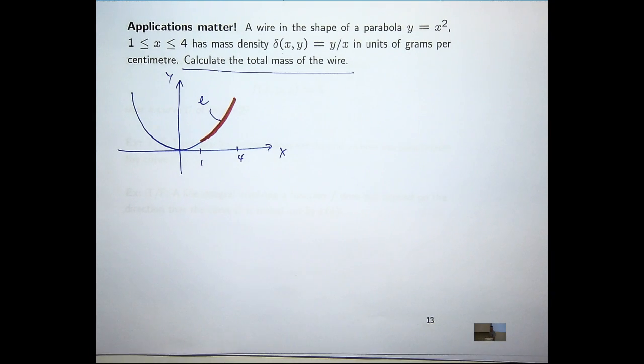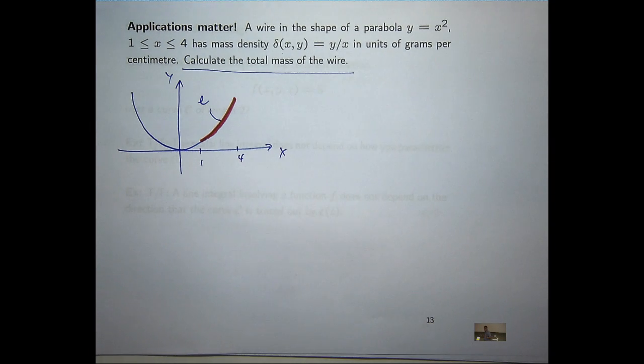Now I'm going to show you how to do this using path integrals. What we need to do, firstly, is parameterize that curve segment, that red line. Anyone have any idea how we can do it? Let's say using some variable t.